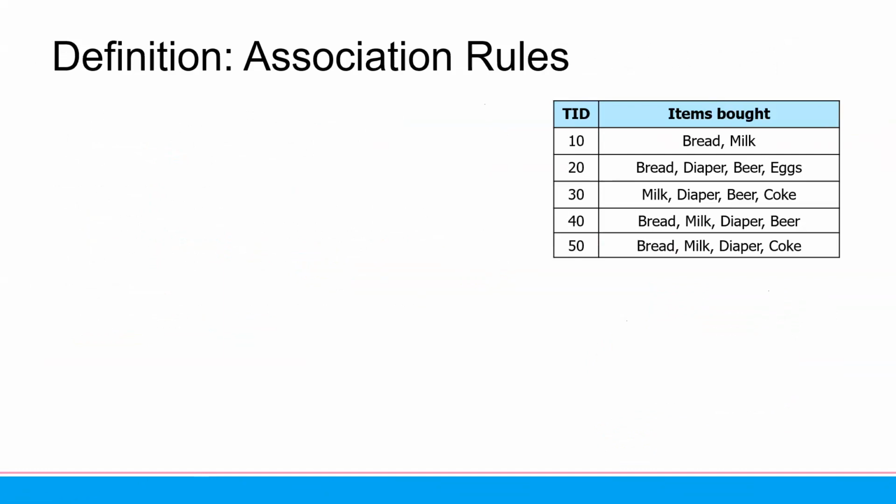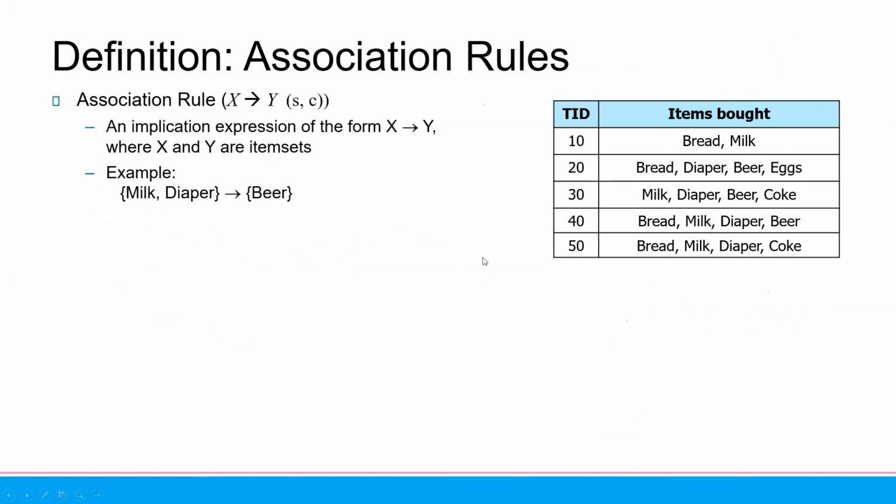When we deal with an association rule, it means we want to check the association. The association rule means I have X and I have Y. S means the support, and C is the confidence.